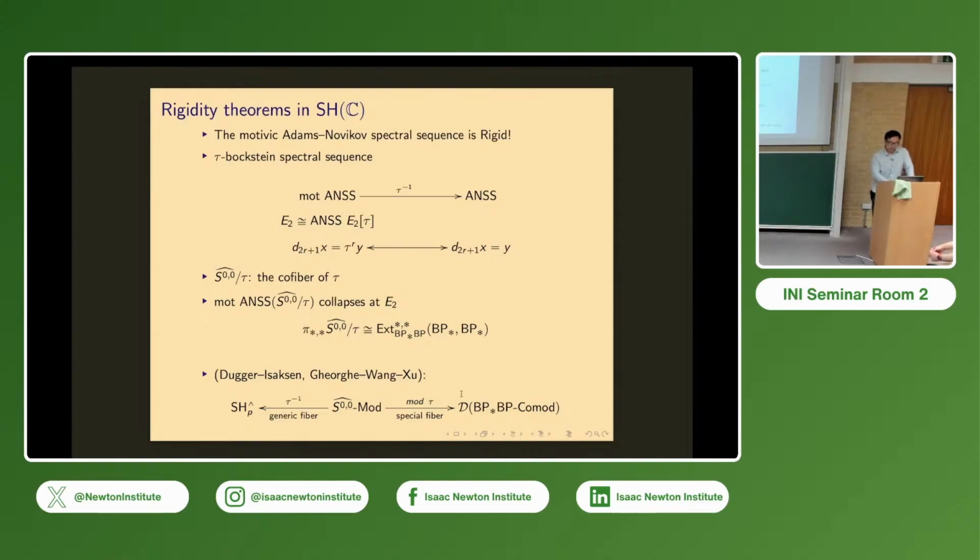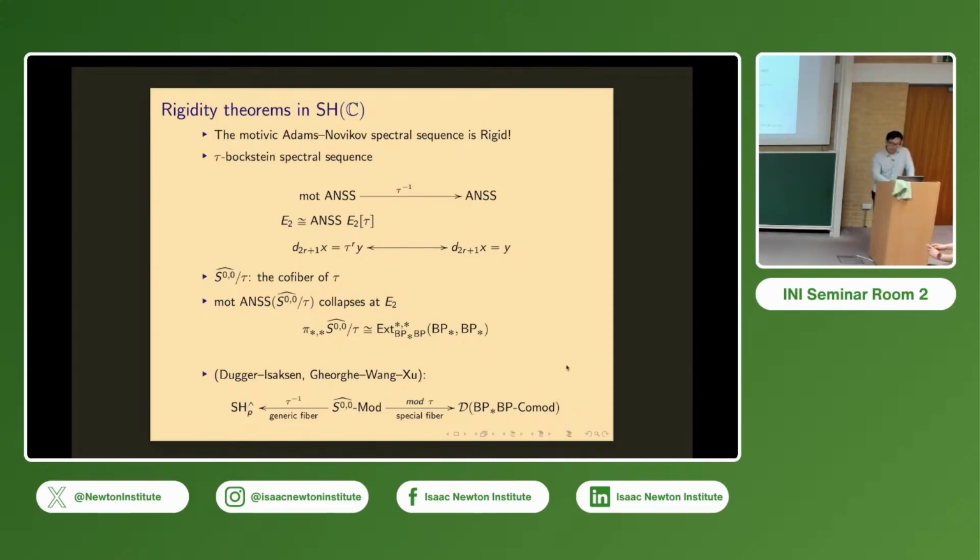And if we mod out by tau, namely we consider modules over this infinity ring, cofiber tau, then Gheorghe, Wang, and myself proved that this is equivalent to the derived category of BP-star BP comodules in the sense of Hovey. So if you think of this element tau as some kind of parameter, inverting tau gives us a generic fiber, that's the classical information. And the special fiber is something purely algebraic. It's the derived category of a well-known abelian category.